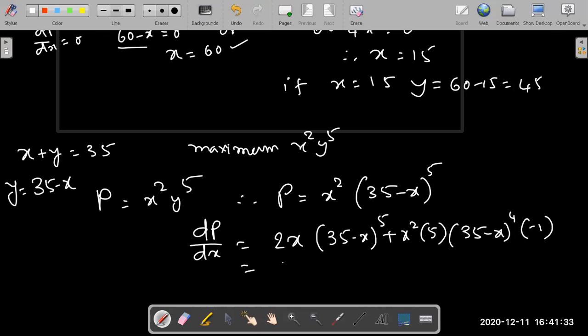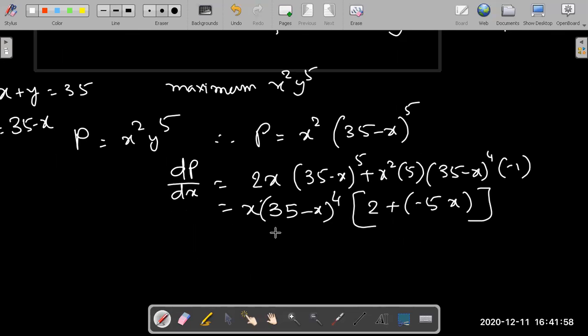So again take x and 35 minus x whole to the power of 4 common. Then from here I'll have 2. From the second one I'll have minus 5x.